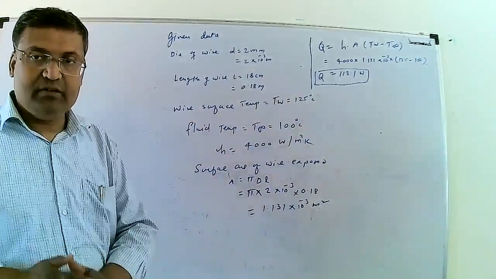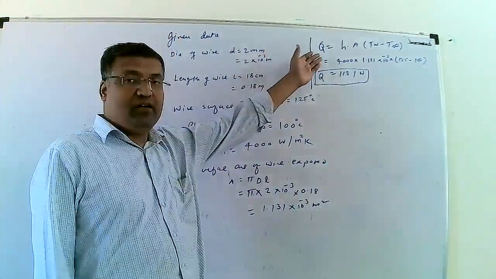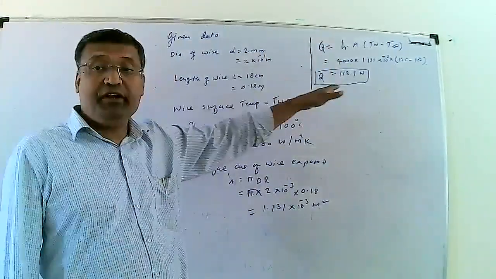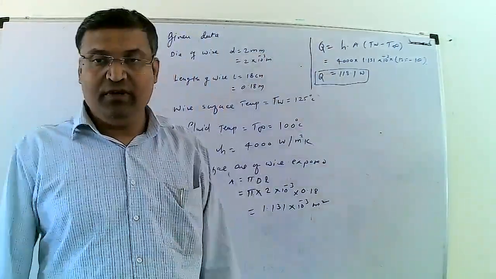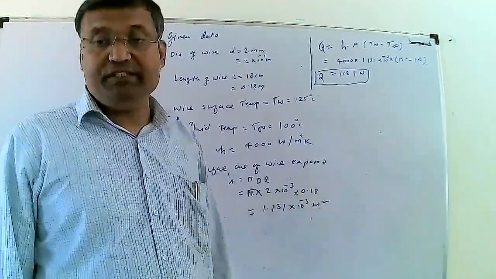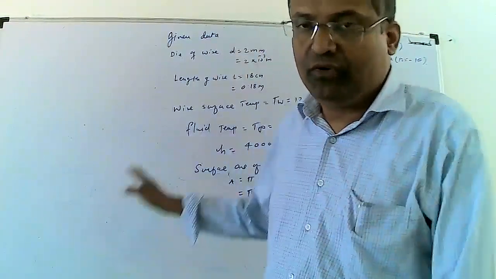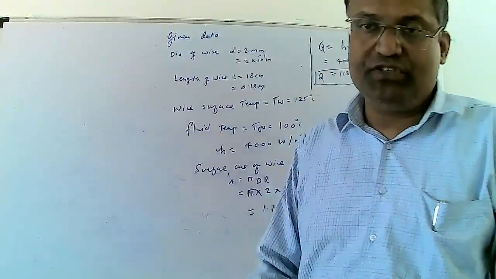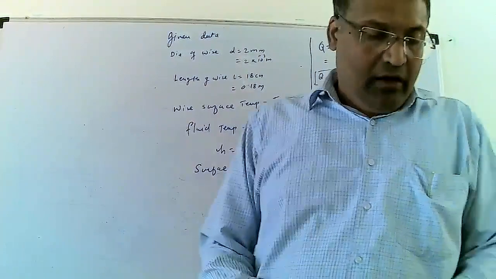First calculate area, then use the formula for the heat transfer rate, Q is equal to h into A into (TW minus T infinity). Then we put all these values and find the unknown value of Q, that is the heat transfer rate. That is our aim. According to the standard formula, Q is equal to h A (TW minus T infinity).